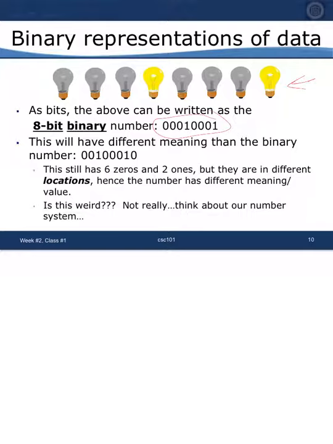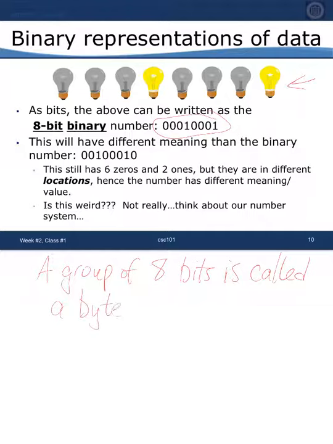This is what's known as a byte. I don't know why it's not on here, so I will write it in for you at the bottom. A group of 8 bits is called a byte. So the number up here depicted in light bulbs or with zeros and ones, we might imagine that somewhere in memory I've got 8 bits.